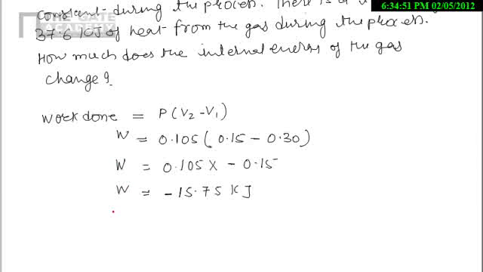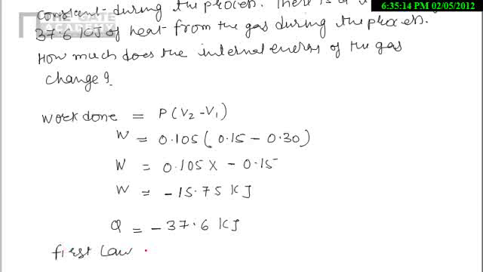Similarly, we have the heat transfer Q. There is a transfer of 37.6 kJ of heat from the gas, meaning heat lost by the system, so that is minus 37.6 kJ.